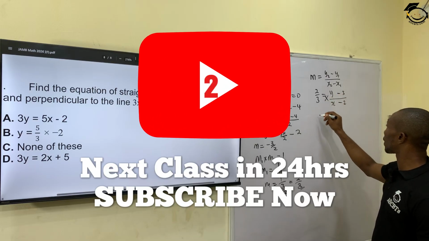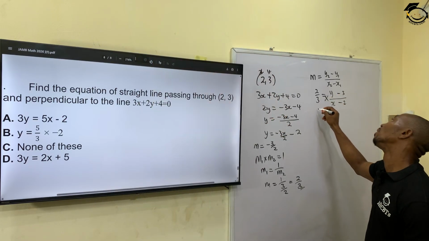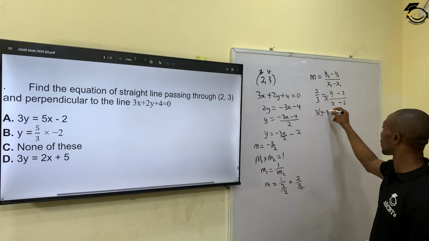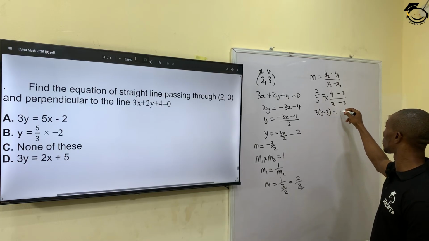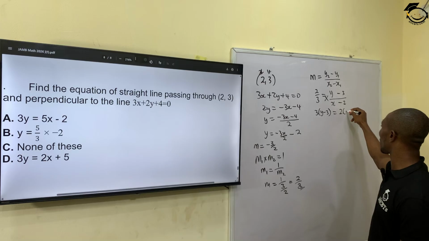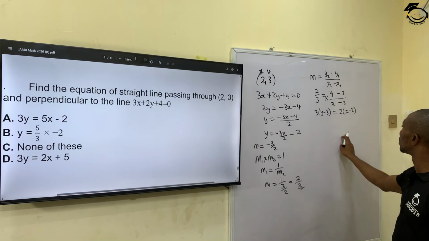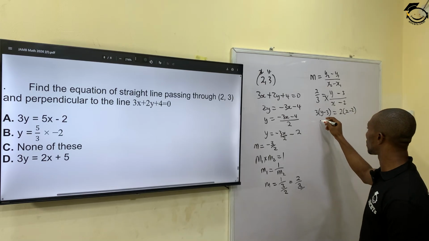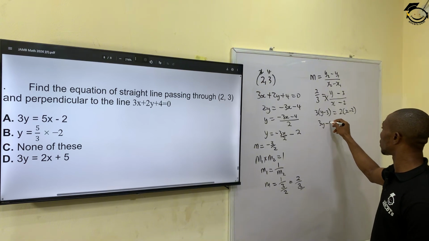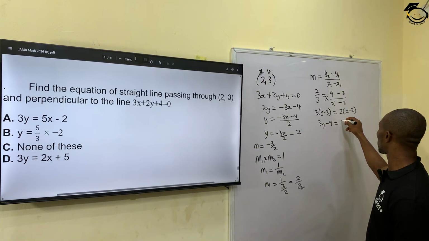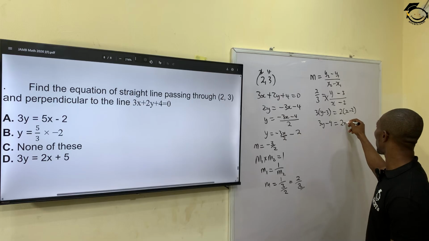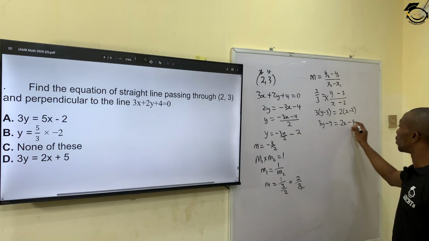So cross multiplying, we would have 3 bracket y minus 3 equals 2 bracket x minus 2. Opening up this gives us 3y minus 9 equals 2x minus 4.